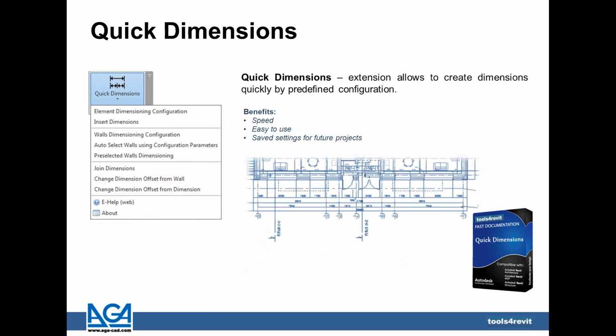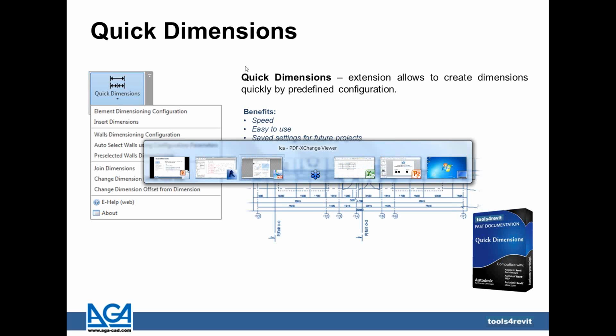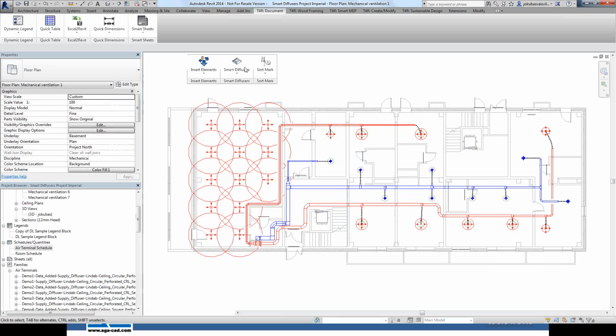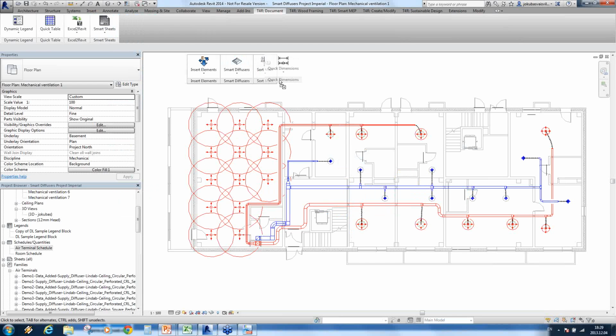The next tool, I love this tool actually. This is Quick Dimensions. The Quick Dimensions extension allows you to create dimensions by predefined configurations. This tool you can find also under the Tools for Revit documentation tab.